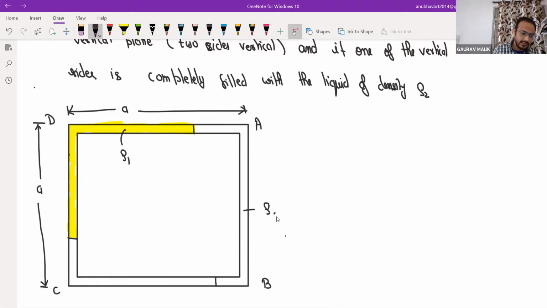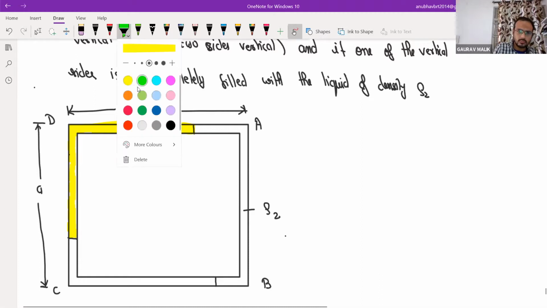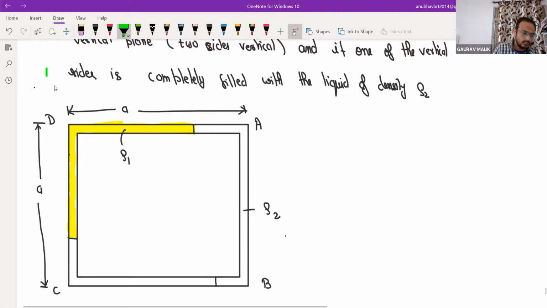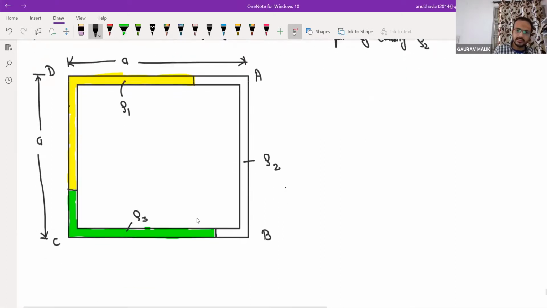This fluid has a density rho 2. And this fluid has a density rho 3, and the side is only.